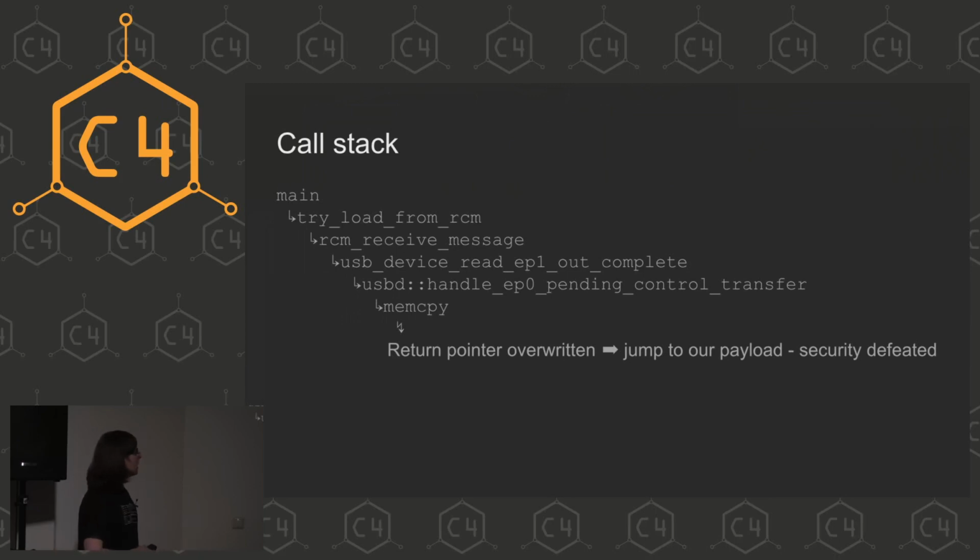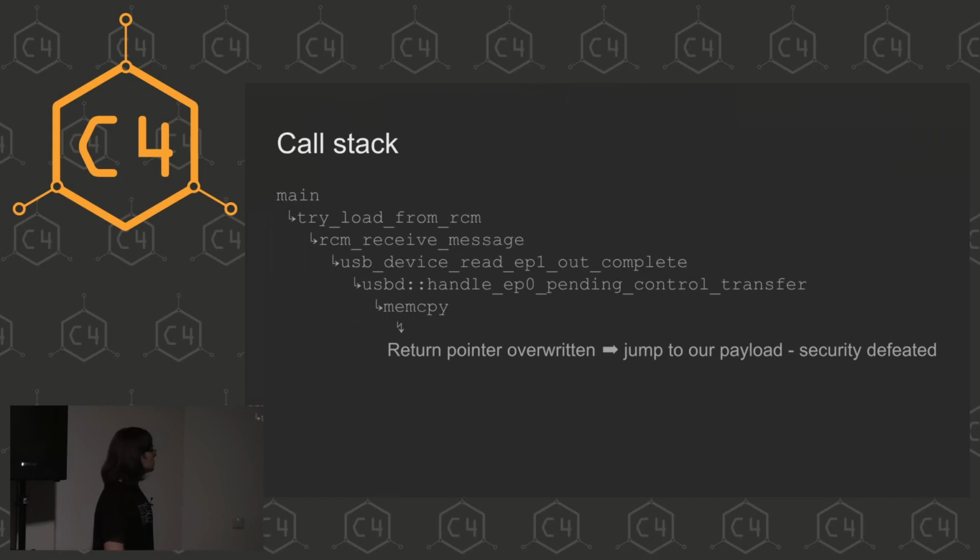So it's going to wait in this function for the last transfer to complete. And in the meantime, it also has to handle these control transfers. At that point, we send this get status control request with that overly long W length value that we can control. So we take a bunch of our payload, copy it over the stack, and then the memcopy is done.